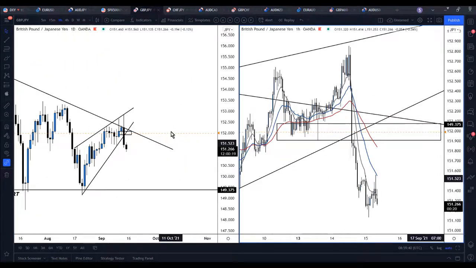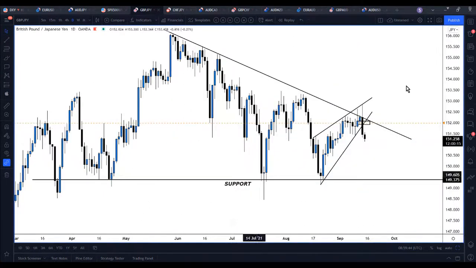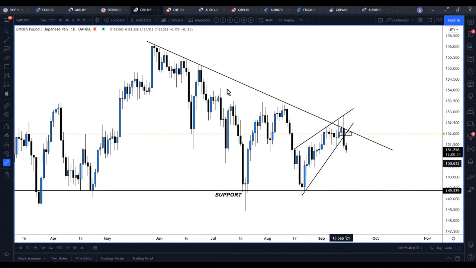Pound yen. We'll see if we get this, but we've got a descending trend line, impulse down. Looking at this as a correction in the form of a rising wedge pattern, which we would expect to break to the downside.